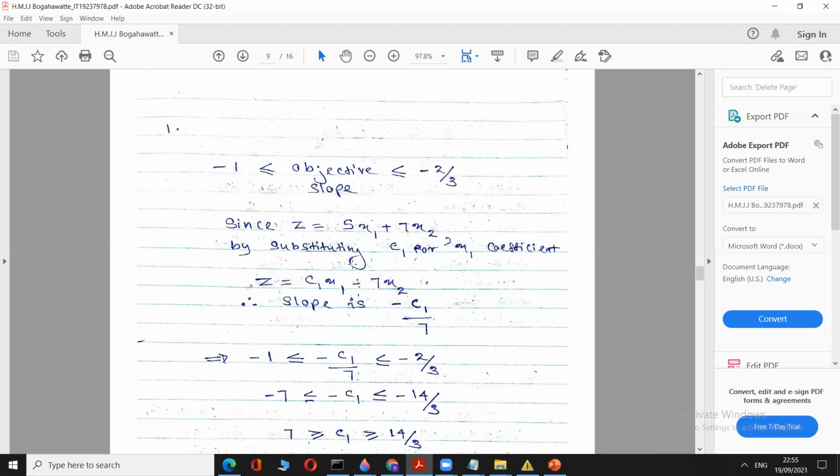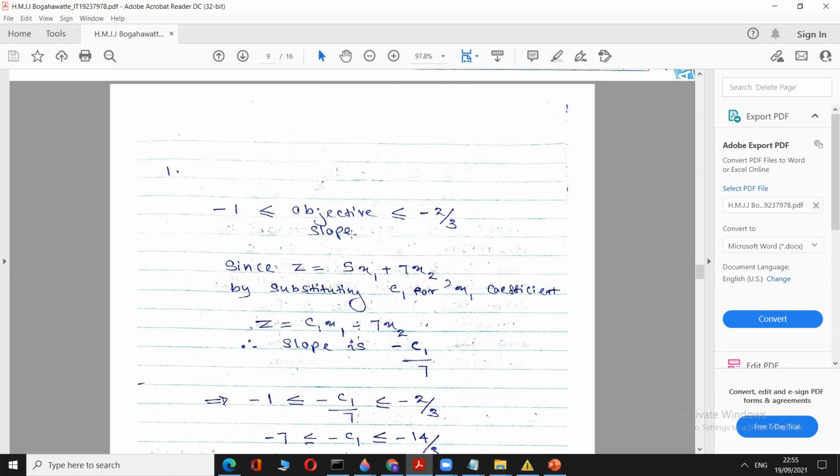So the function becomes z equals c1 x1 plus 7 x2. Therefore the slope of this one will be minus c1 divided by 7. So the range will be in between the slopes of the boundary constraint lines that they have given.